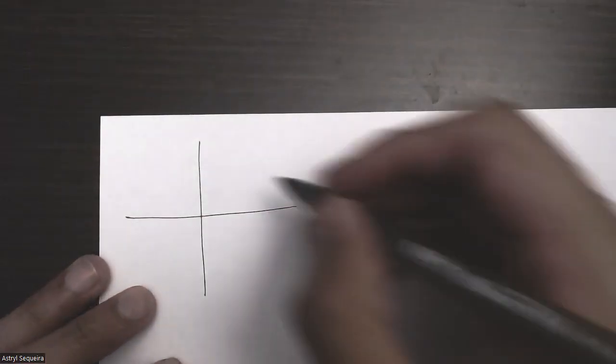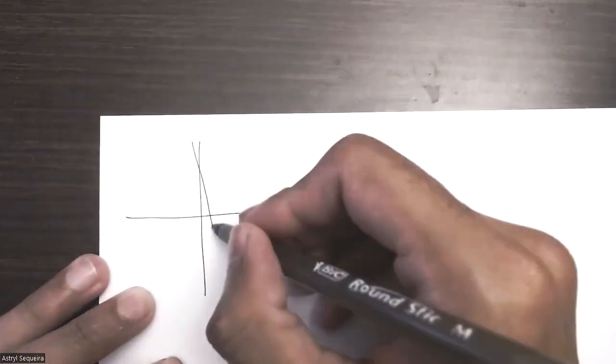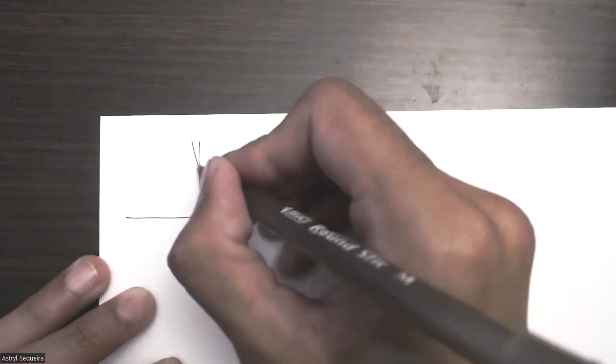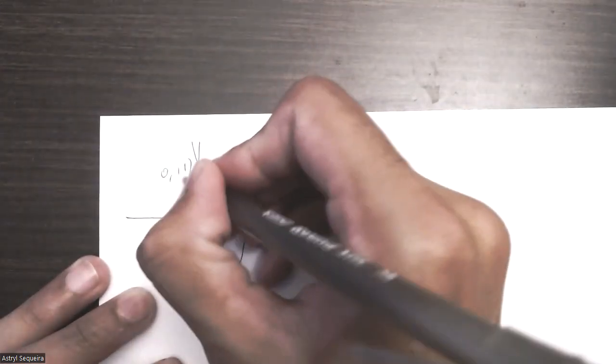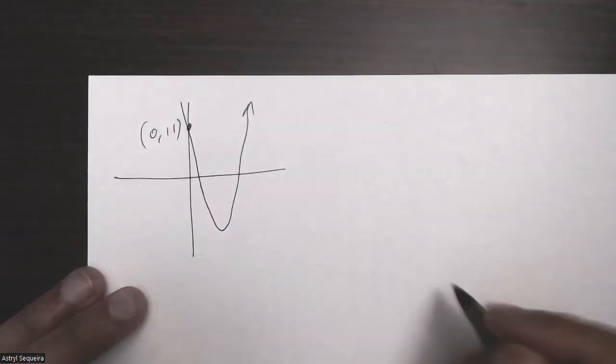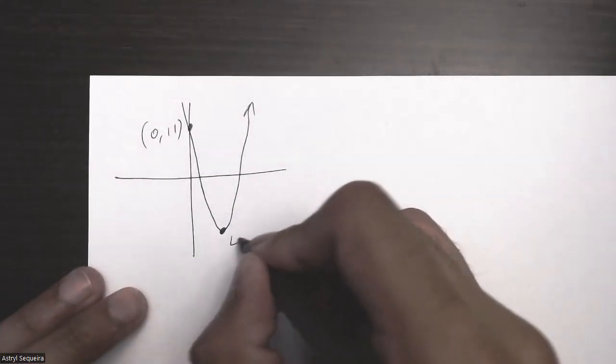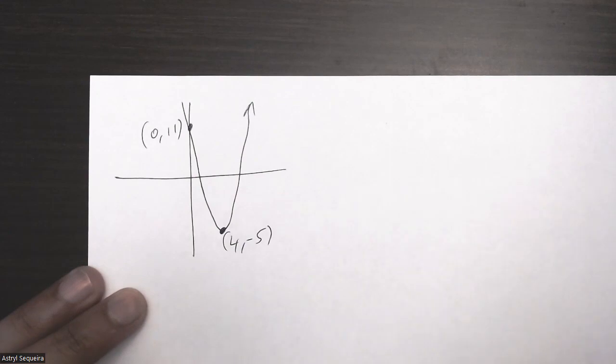Next type of question is a bit longer. Same thing, we're finding the equation, but now we're given a graph. You need to find the equation from the graph. The graph we're given is a quadratic that looks something like this. We have a point here, (0, 11), and the vertex here is (4, -5), and that's all we're given.